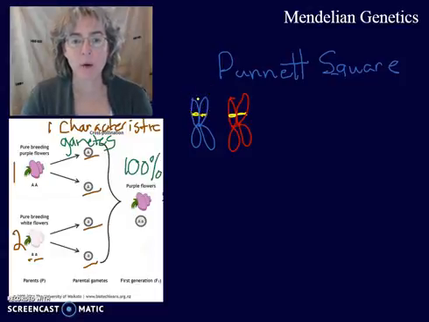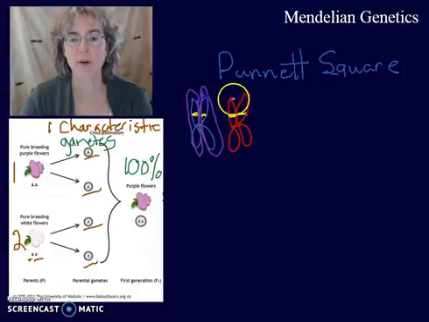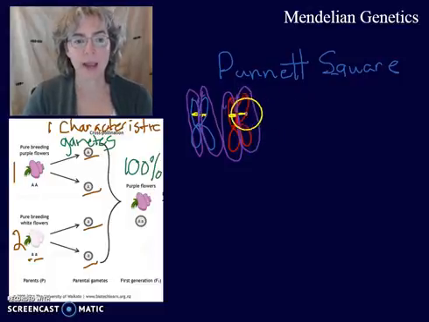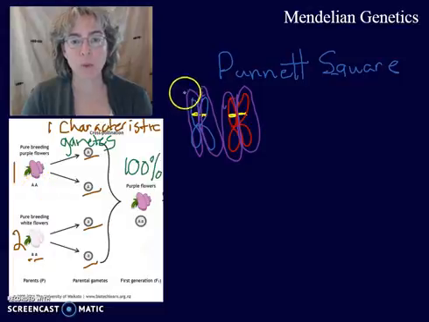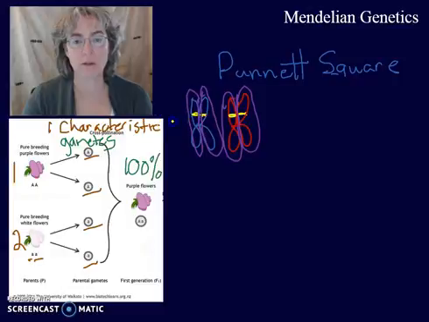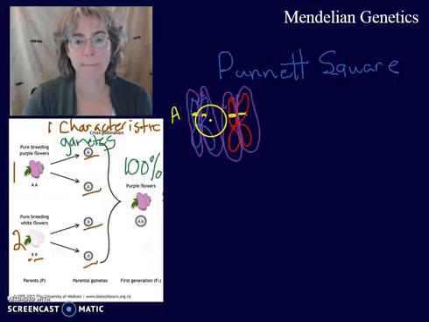So this strand of DNA is going to go in one gamete, this strand in another gamete, this strand in a third gamete, and this strand in a fourth gamete. And because it's true breeding, we know that all of these alleles are considered big A, dominant.